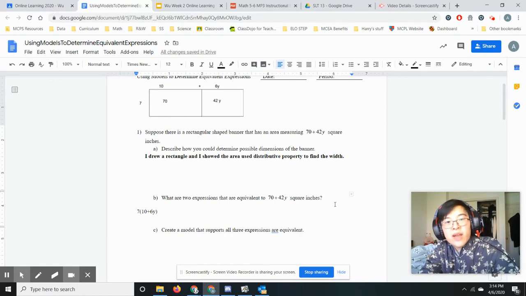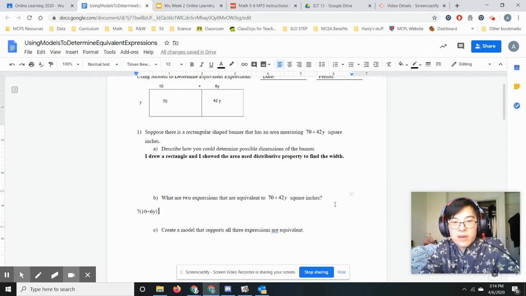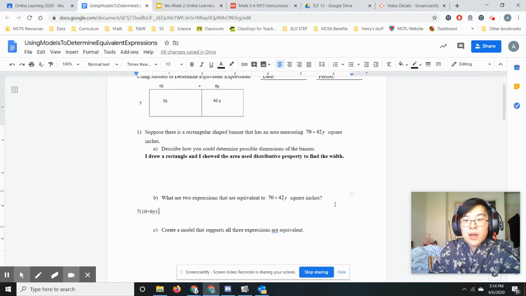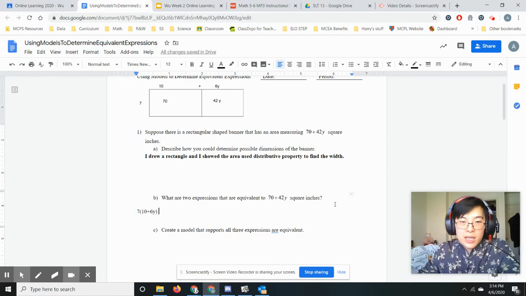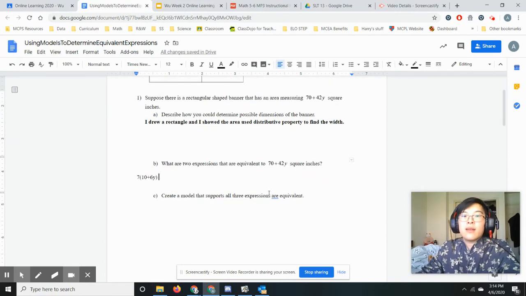What's another common factor between 70 and 42? I'll let you figure that out, but it doesn't always have to be the greatest common factor. 7 would be the greatest. What else do both 70 and 42 have? They're both even numbers, that's a clue. If they're both even numbers, a common factor would be something. I'm not going to say it.